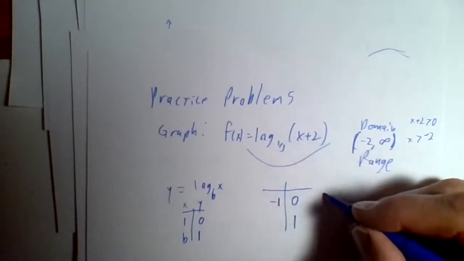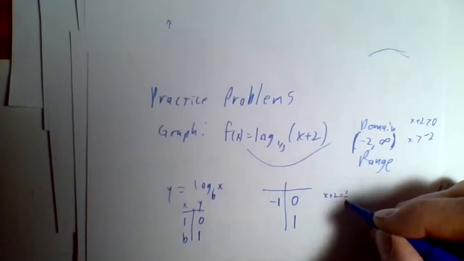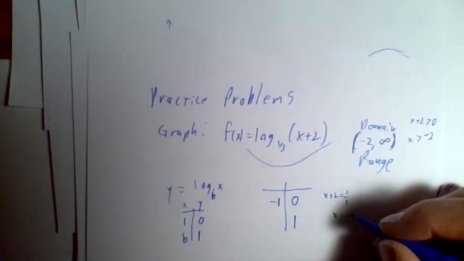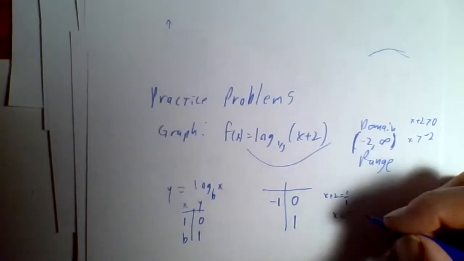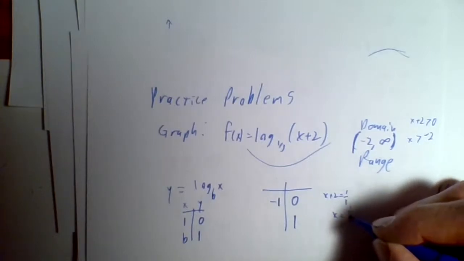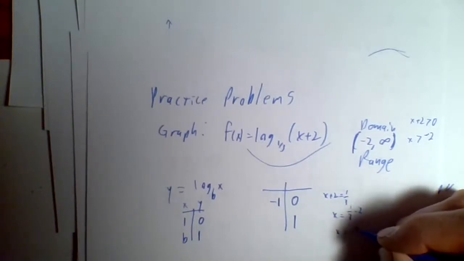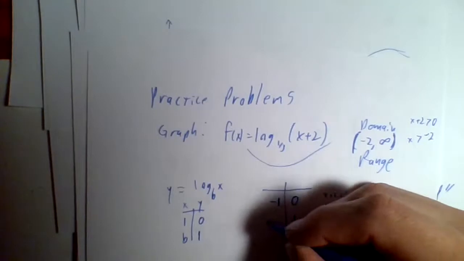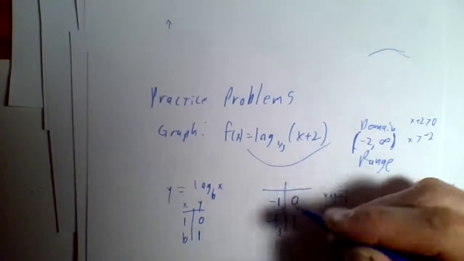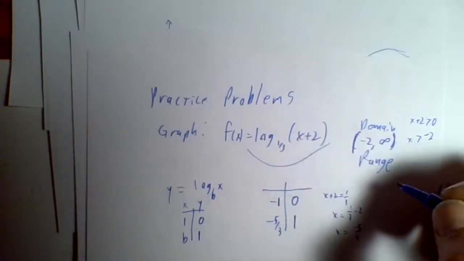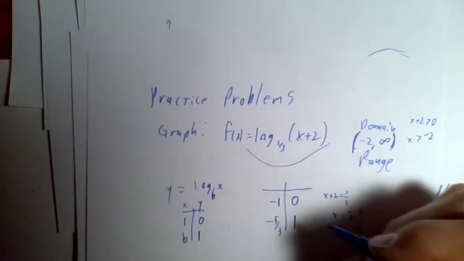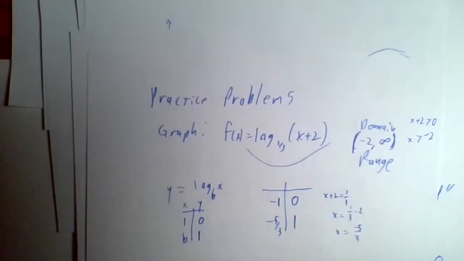Well, that happens when x plus 2 is 1/3. So that happens when x is 1/3 minus 2, which is negative 5/3. When x is negative 5/3, I'm going to get the log base 1/3 of 1/3, which is 1. So those 2 points would be on the graph of it.